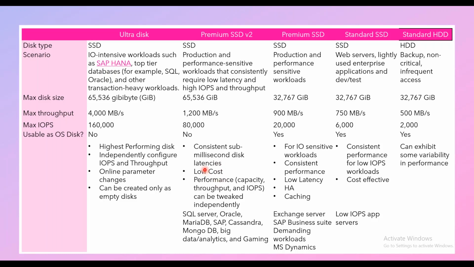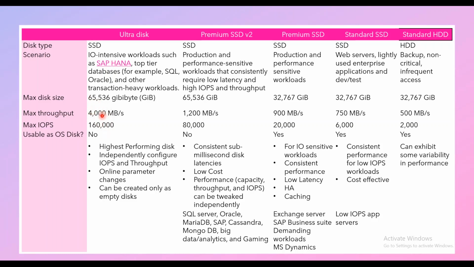But if you are looking for a very IO sensitive or intensive workload, like your SAP HANA databases or your Oracle workloads or transaction heavy workloads, then you can choose the Ultra Disk, which gives you 160,000 IOPS, the input output per second, plus the maximum throughput you can achieve is 4,000 Mbps. But it is based on the size that you allocate.